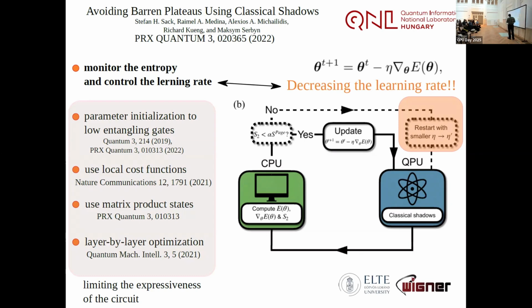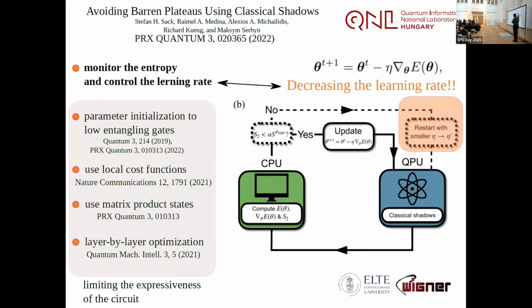So one research work came up with a strategy not to limit the expressiveness of the circuit, but to monitor the Barren plateau with the entanglement entropy. And if getting close to a Barren plateau, decrease the learning rate and try to avoid the Barren plateau.